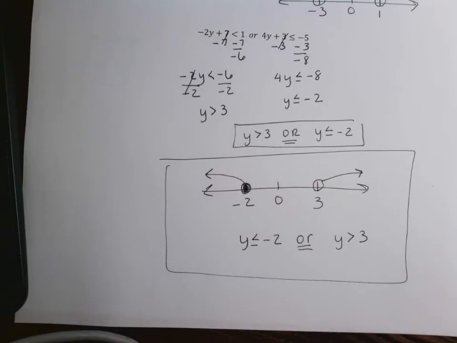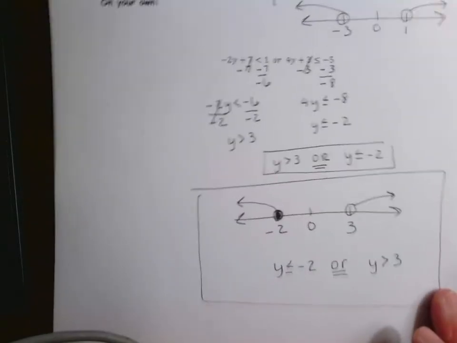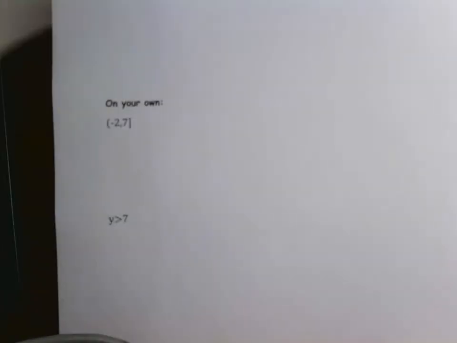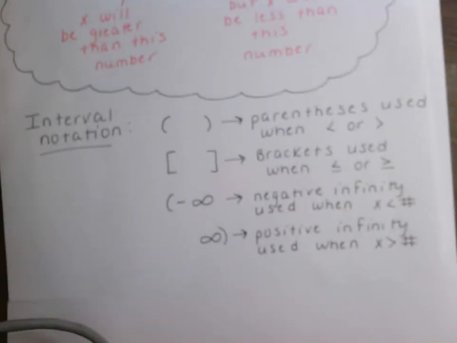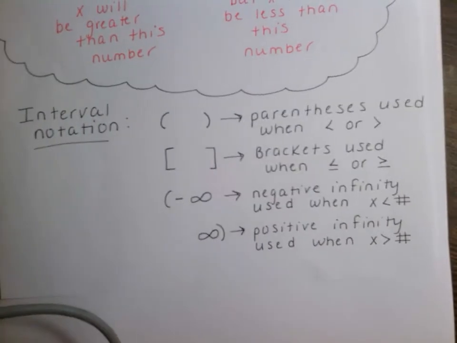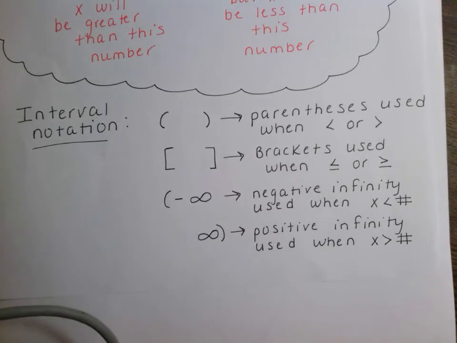Okay, so let's go to the last example. Once again, look at your handout where I summarized everything that we're doing today. In interval notation, parentheses are used when it's less than or greater than. Brackets are used when it's less than or equal to or greater than or equal to.